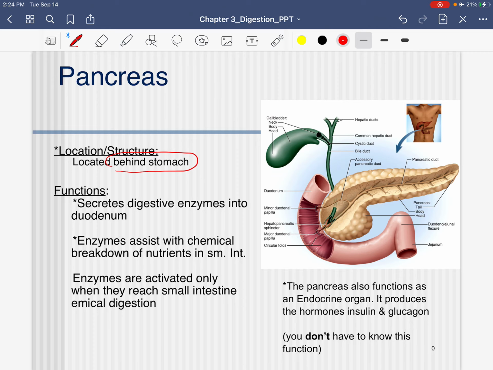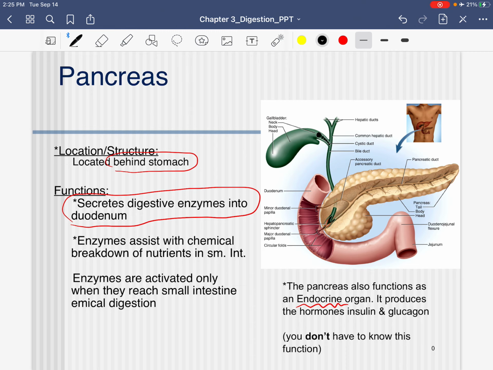It functions in the digestive system, but it also functions in the endocrine system. We're going to focus on the digestive system. The digestive function of the pancreas is that it releases digestive enzymes.